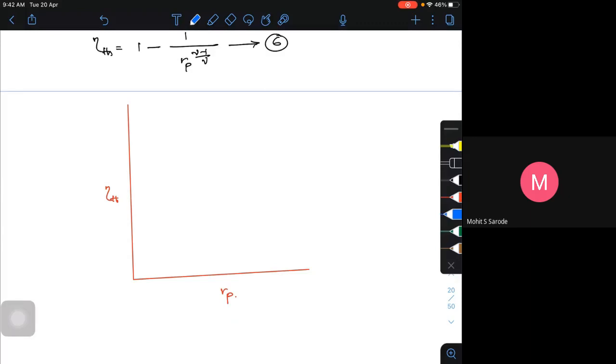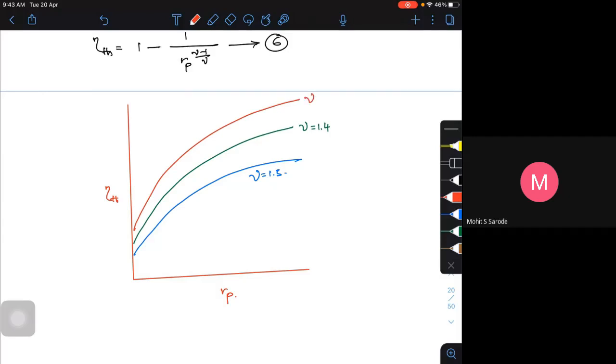This will be a curve for gamma equal to your real working fluid, this is for air. If I take a lighter working fluid, 1.6 or 1.67 or 1.7, I'll be getting something like this.